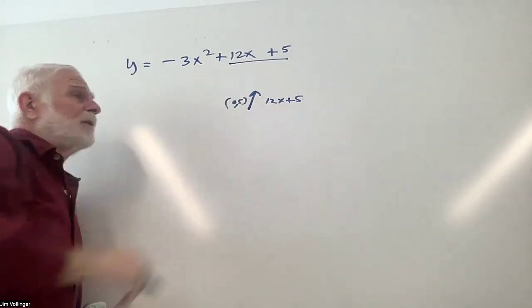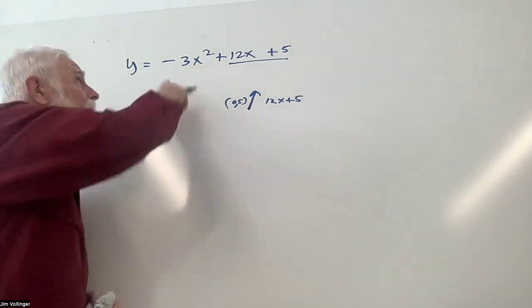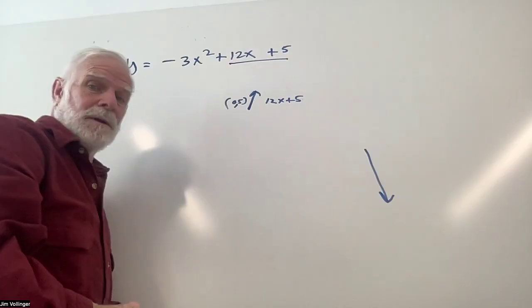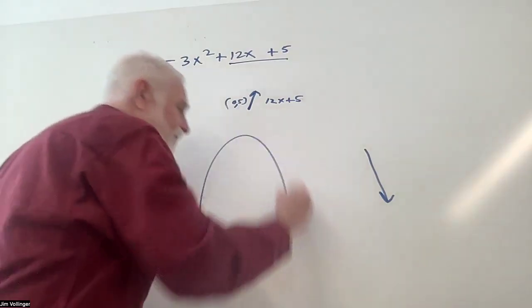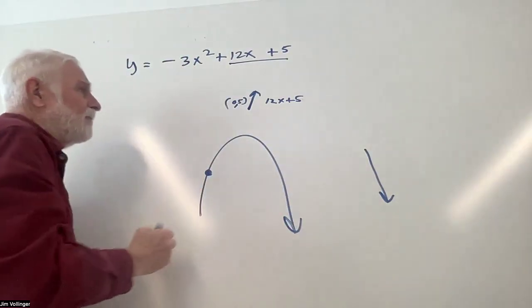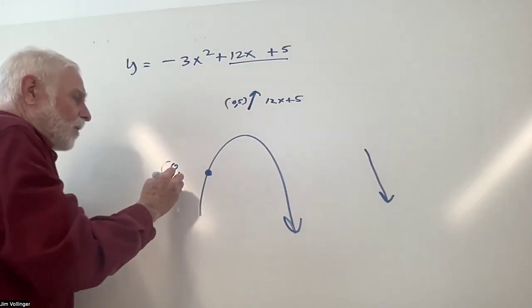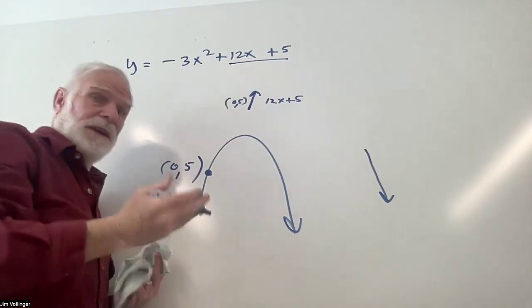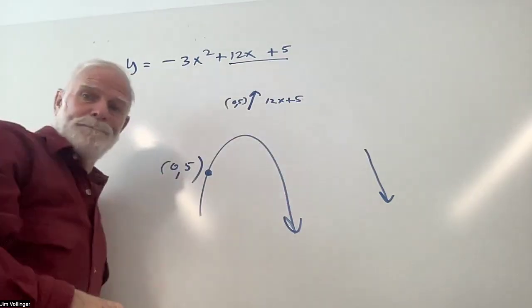And I think I know something about the shape. Minus x squared on the right-hand side's going down. So I think I immediately know that I'm on this side for the y-intercept. 0 gets me 5. It's a given. I've got the shape.